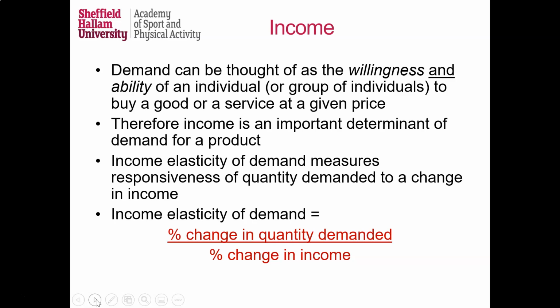And one of the key issues that we talk about when we consider income as a determinant is income elasticity of demand. Now, just as price elasticity of demand measured the responsiveness of quantity demanded to a change in price, income elasticity measures the responsiveness of quantity demanded to a change in income.